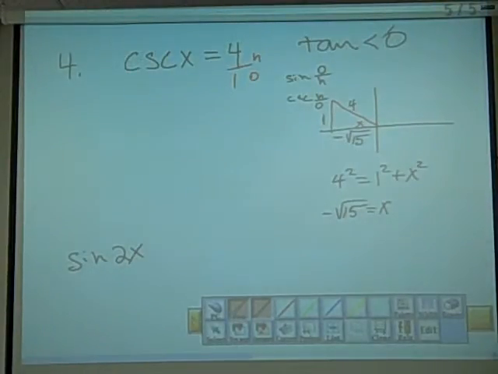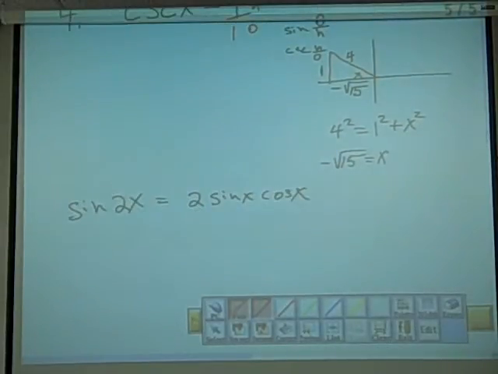And the other thing, the tangent less than 0, helps us to determine, between the sign of cosecant and tangent, which quadrant we're in. And then from here, we use our sine 2x, and that's going to be 2 sine x cosine x. Good idea to write the formula down as you do them.